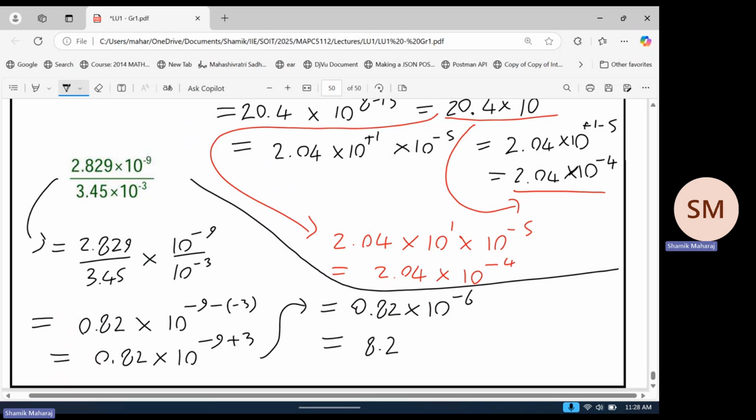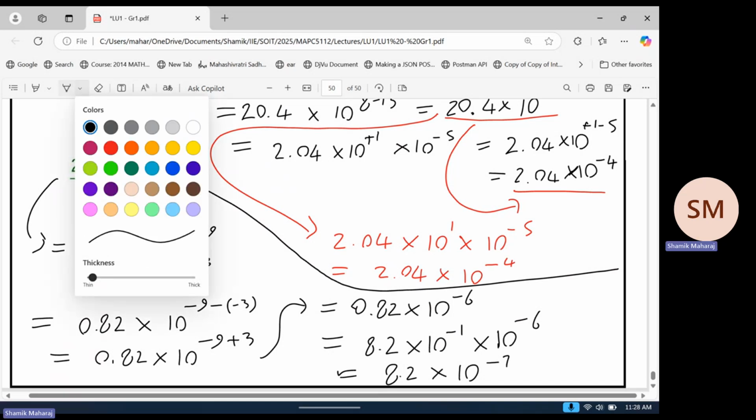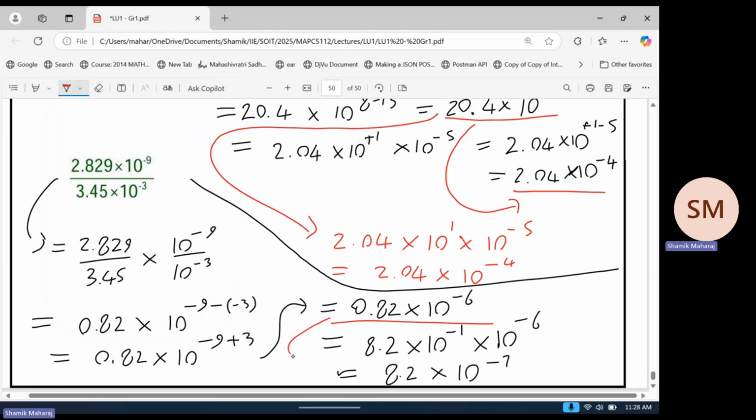We move 1 point to the right, so we compensate with a 10 to the negative 1. And our 10 to the minus 6 is still there. So this becomes 8.2 times 10 to the minus 7. And again, if you guys want to move straight from here to here without the intermediate step, that's fine. We can do that.